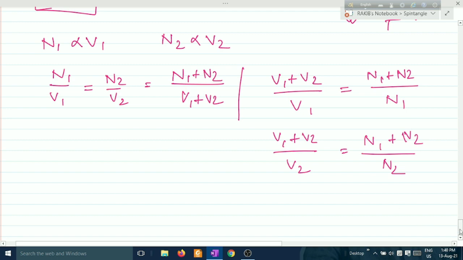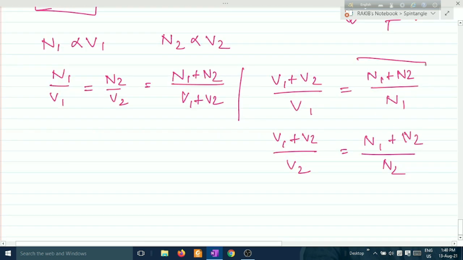Now plug this into the formula in place of (V1 plus V2) by V1 and (V1 plus V2) by V2.